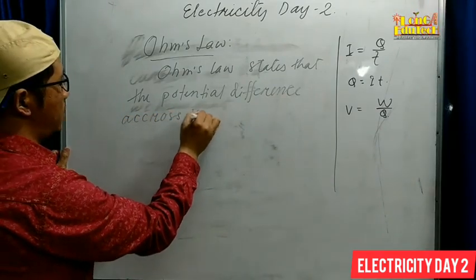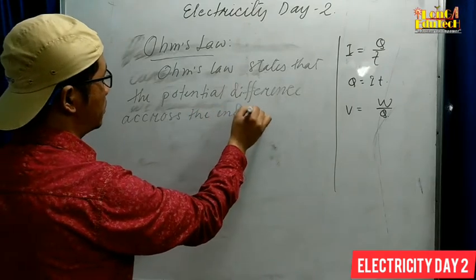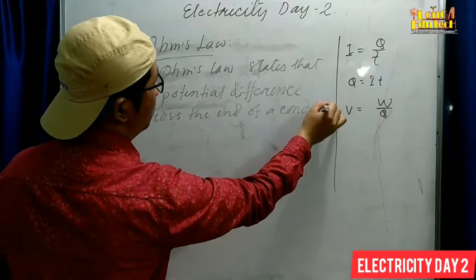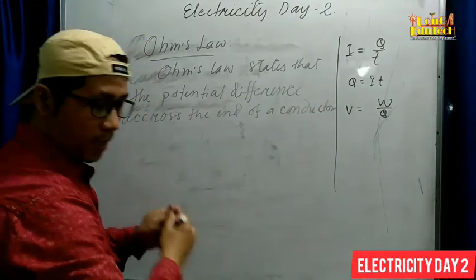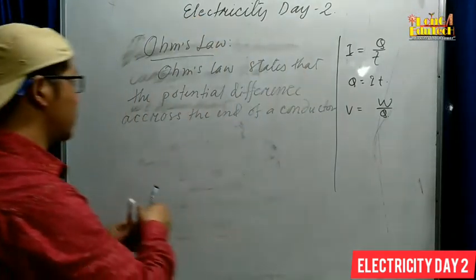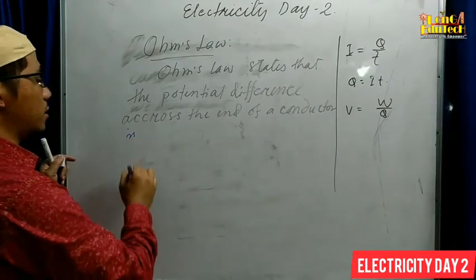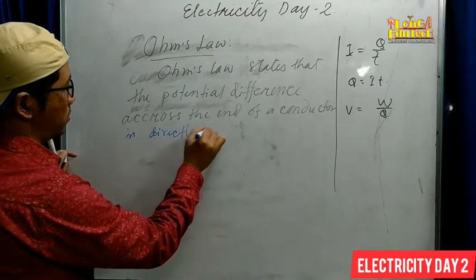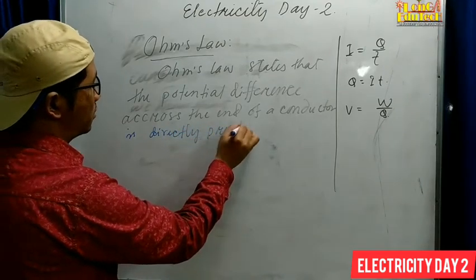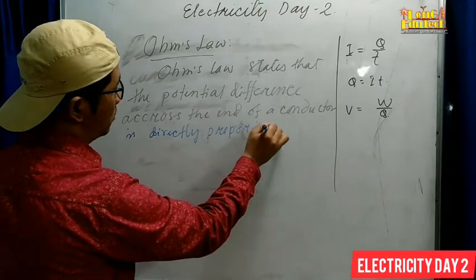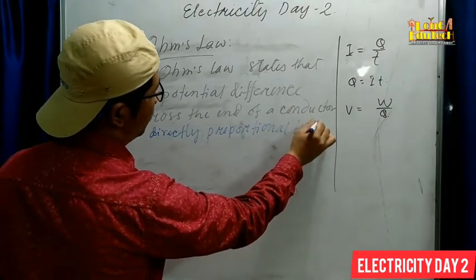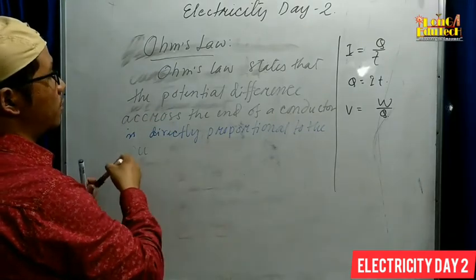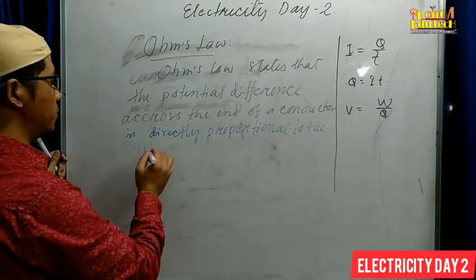Or you can just say the current is directly proportional to the voltage, or potential difference. No problem.